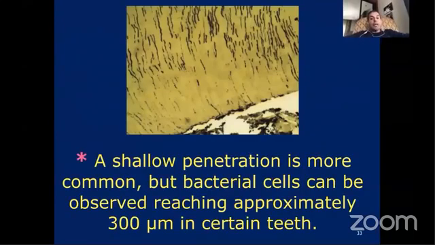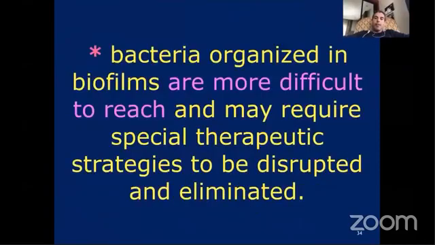A shallow penetration is more common, but bacterial cells can be observed reaching approximately 300 micrometers in certain teeth. So they are not always shallow. They might go deeply inside the dentinal tubules, and because of this, we might have persistent inflammation.